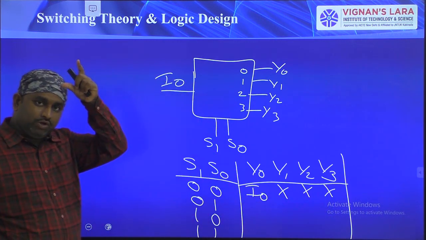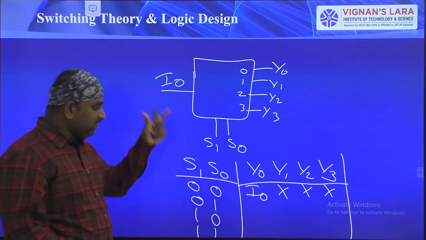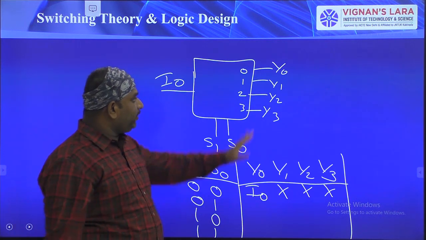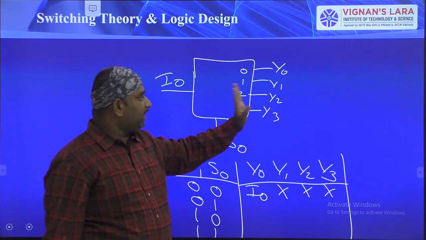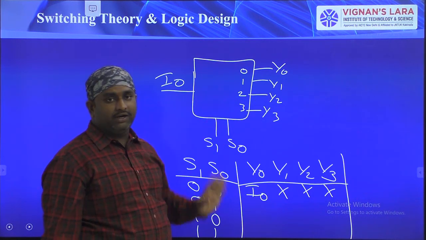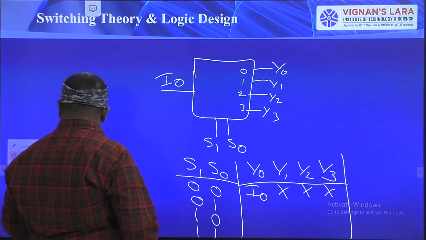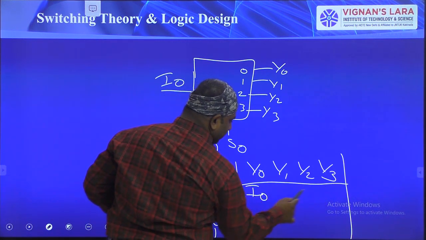You can represent that with X, otherwise with 0 or with dashes. Actually, the output is available only at Y0, so at the remaining 3 terminals there is no output.